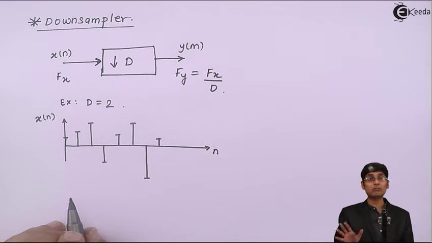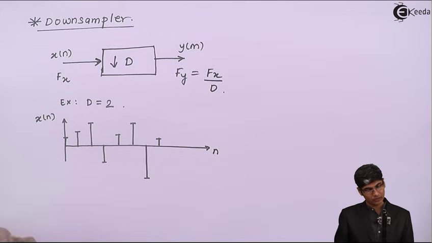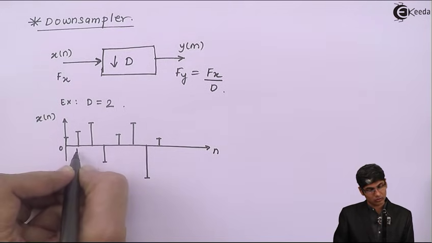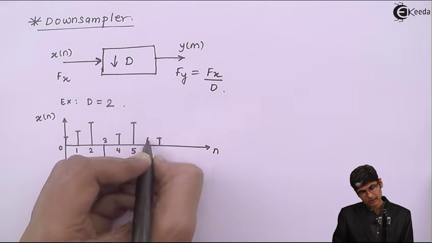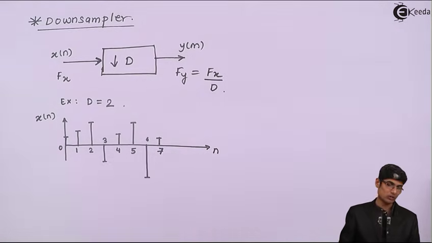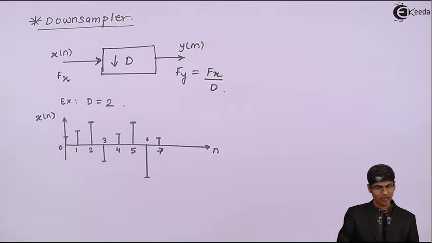I am not concerned about the amplitudes because I am not working with amplitudes, but I am concerned with the times. Let's say this is my 0, this is 1, 2, 3, 4, 5, 6 and 7. So there are a total of 7 instances given here, 7 values of n.